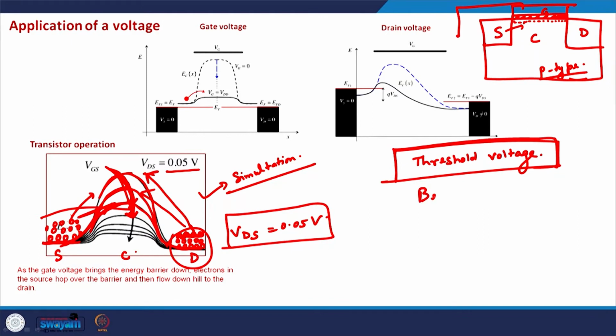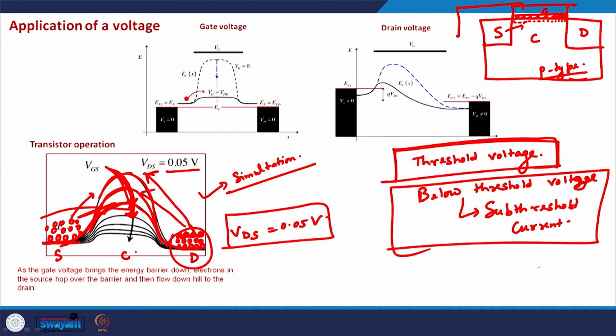So the current will be extremely small, and below threshold voltage it is known as the sub-threshold current. It is the sub-threshold current that is there in the system. This regime of operation, when the gate voltage is less than the threshold voltage, is known as the sub-threshold regime.